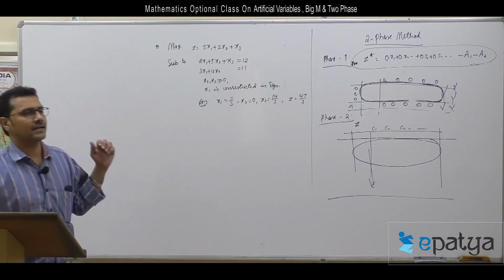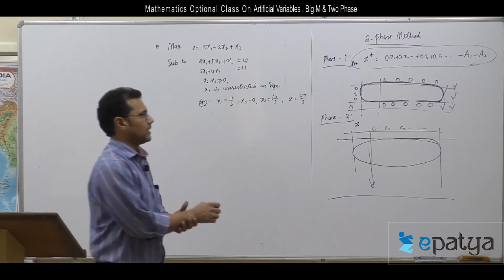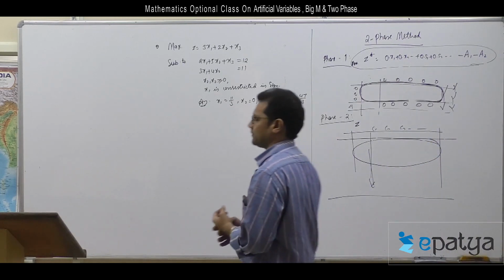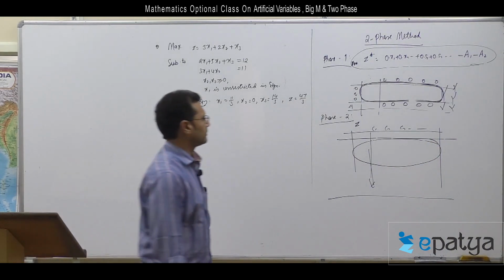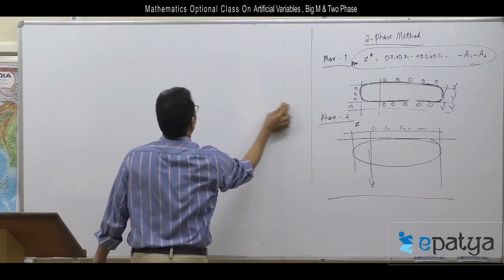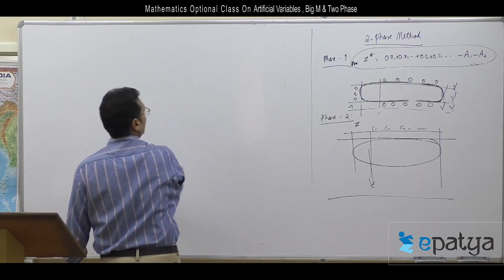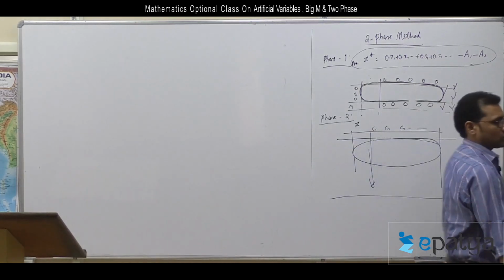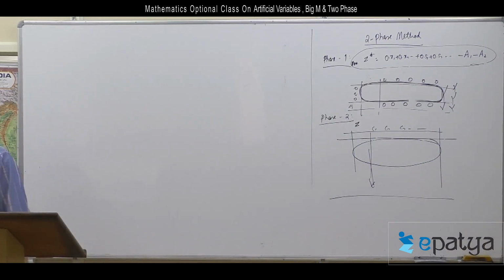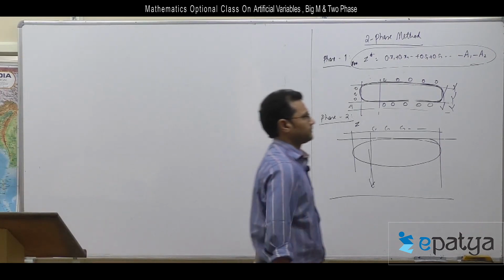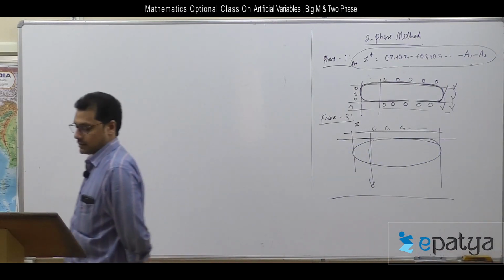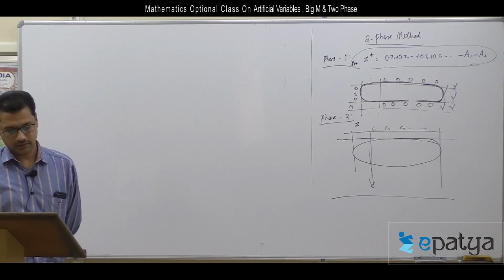Phase 1: assign minus 1 cost to all artificial variables and 0 cost to all other variables in the objective function.